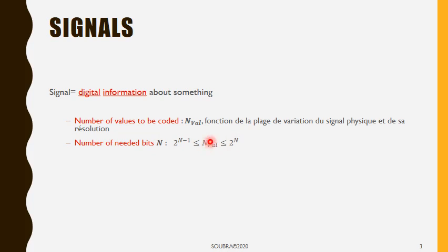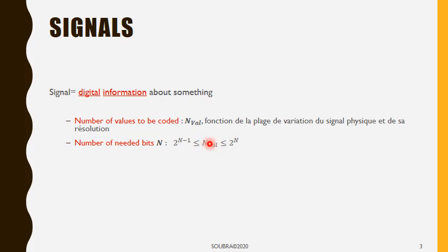of n. So let's imagine that the number of values that I need to code is only 3. Fair enough. So the number of needed bits will be 2. Fair enough, because with 2 I can go ahead and represent up to 4 different values, and I only need 3, so we're good here.